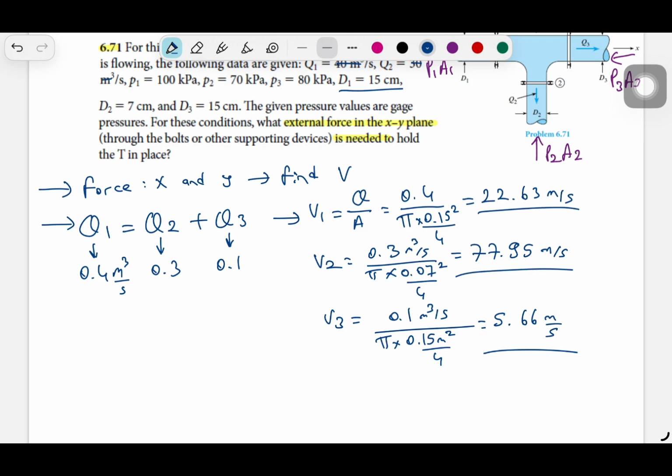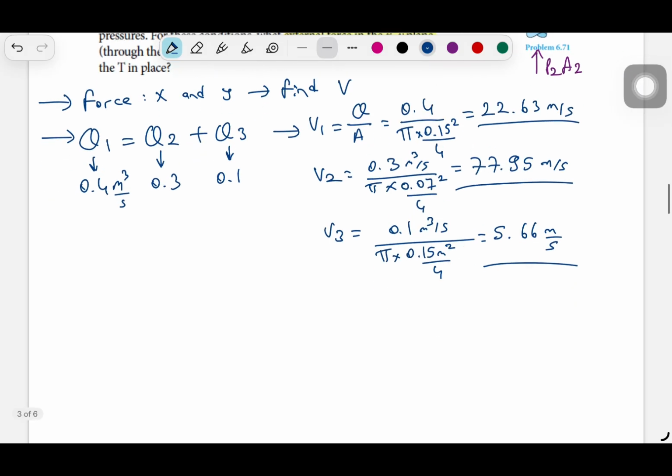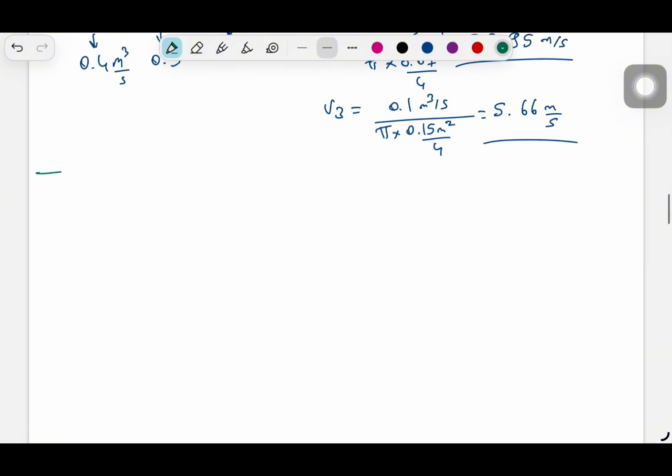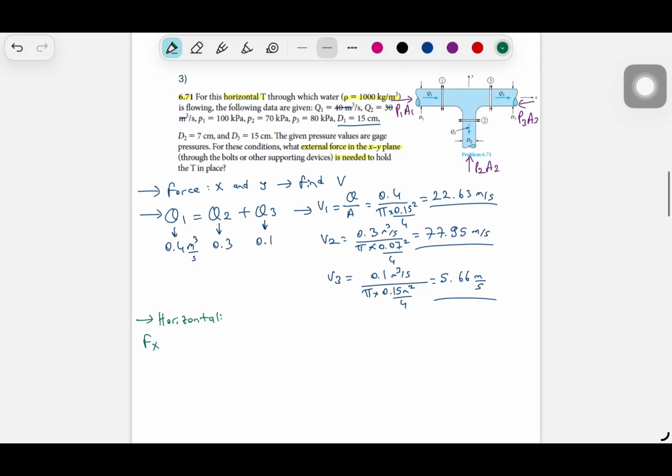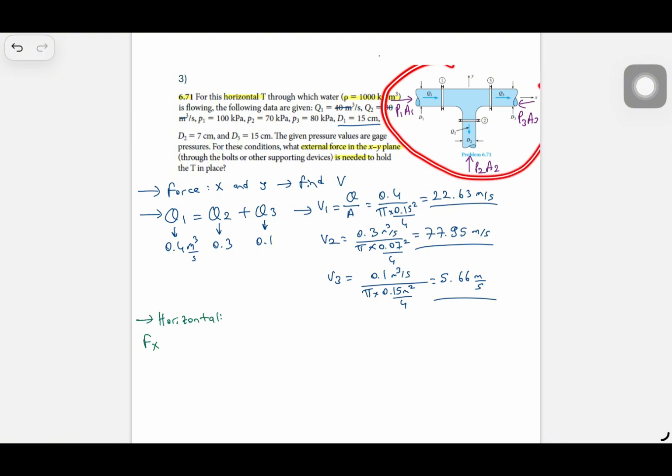So we calculated all velocities in this system. And now let me write the horizontal momentum. So let's say Fx. So we will have all forces on the left-hand side and then momentum on the right-hand side.